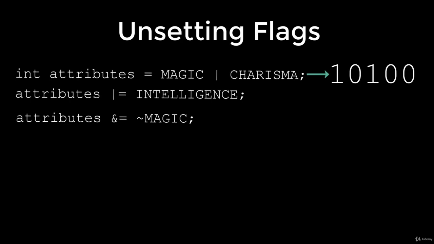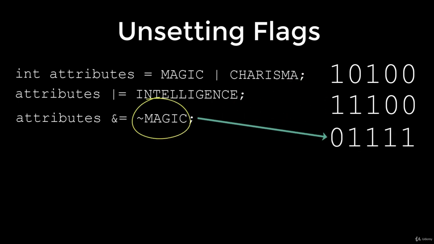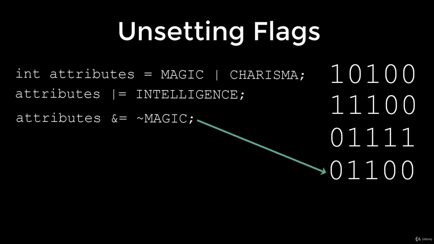We then can add intelligence, giving us 11100. Now, NOT magic would be 01111. And when we AND NOT magic with what's already in attributes, then we end up with 01100, where magic has been removed and there's only intelligence and charisma left.